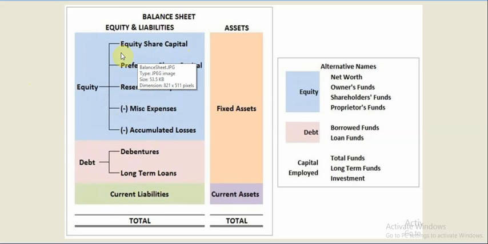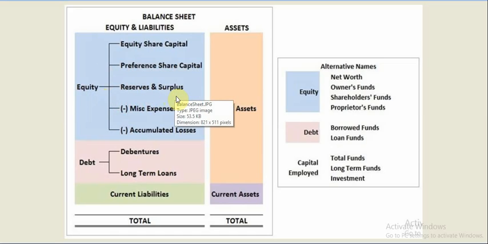Next we have preference share capital that we receive from preference shareholders, and then we have reserve and surplus. Under reserve and surplus we have components like general reserve, statutory reserves, accumulated profits, profit and loss balance, all of that form part of reserve and surplus.